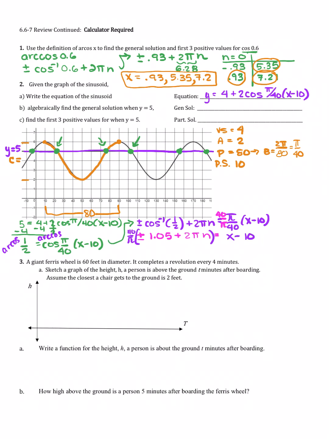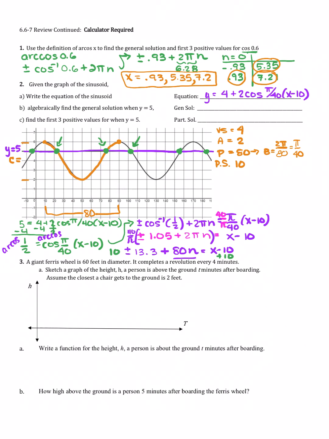So 1.05 times 40 divided by pi on the calculator gives me plus or minus 13.3 plus, now this 40 over pi has to distribute, so that gives me 80n. You should get back your original period. That equals x minus 10, and the last thing is to add 10, but remember this is 10 plus and 10 minus.